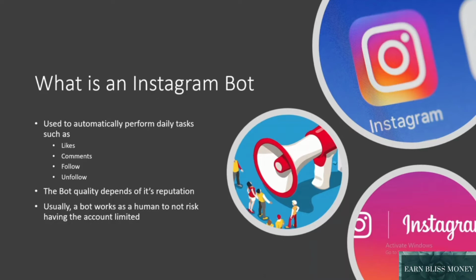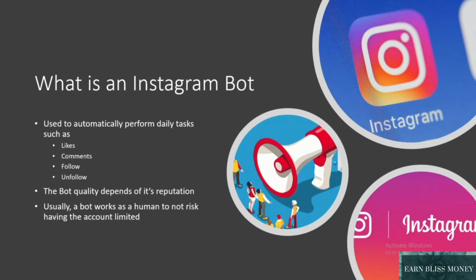Usually it works with hashtags. Let's say you want to like all the pictures that have hashtag 5 on them. Every time the bot checks Instagram and spots a picture that has the hashtag 5, it will like the picture. It's possible to like by different things, but basically this is what the bot does. It automatically performs daily tasks.